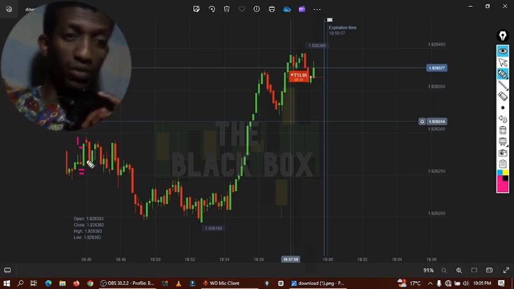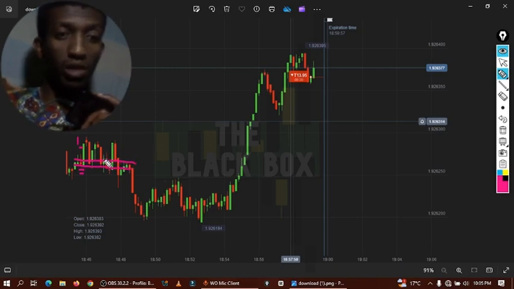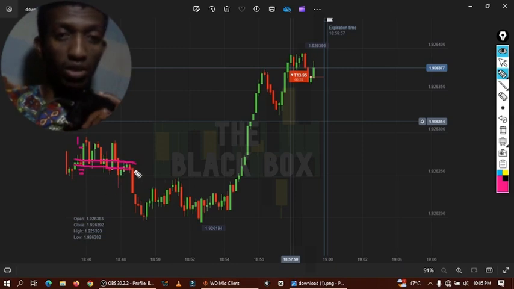If there is a black box afterwards, okay, this is a black box that we are interested in. After this black box has formed, if there is any black box here, you can take that black box as an entry. But since there is no black box here, what am I going to do now?